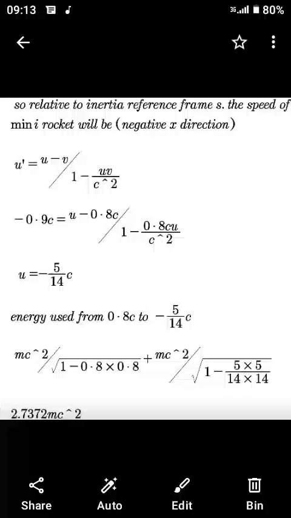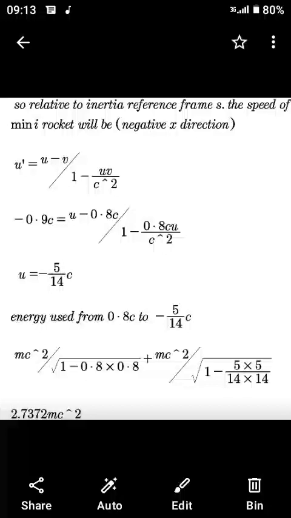So that means if somebody is in that rocket, the energy that they would calculate for that mini rocket to attain a speed of 0.9c is not similar to that of an observer who is stationary, that is who measures the speed of the rocket to be 0.8c. So the energy used to launch the mini rockets is not similar.